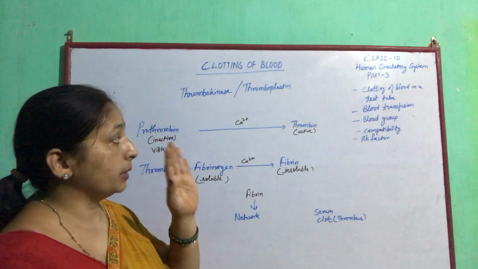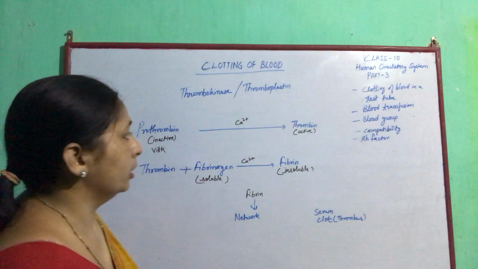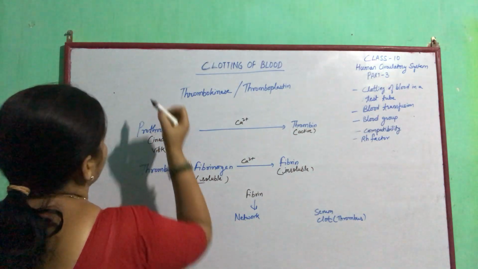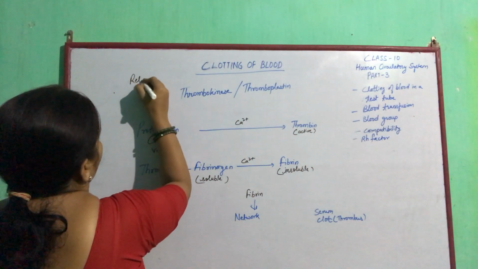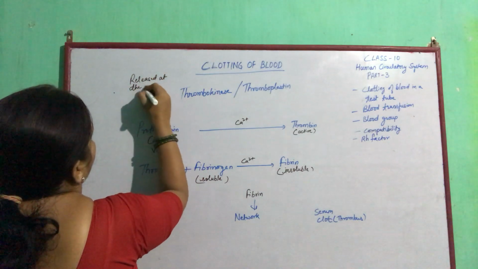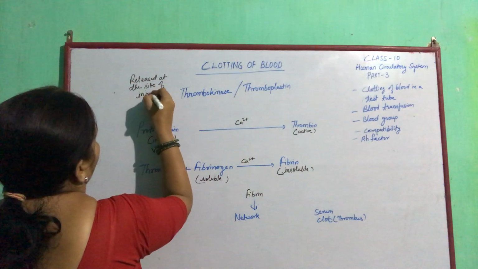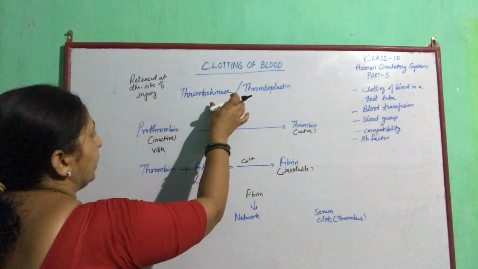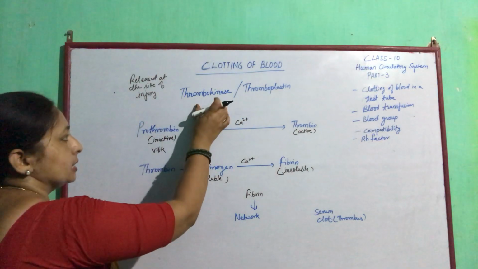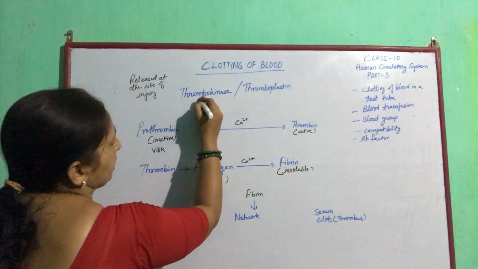It is released at the site of the wound or injury. What is the role played by this thrombokinase or thromboplastin? It is an enzyme. If a name ends with -ase, it is an enzyme.